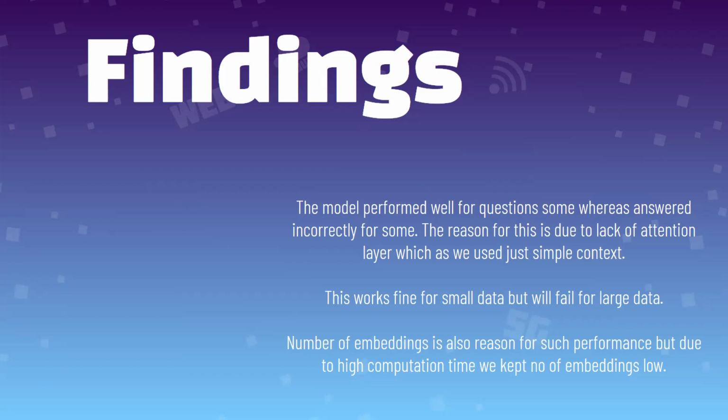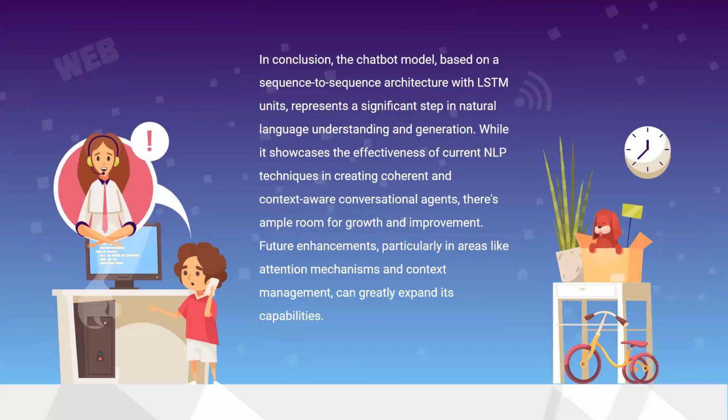The limited number of embeddings were taken to reduce the computation time. So in conclusion, we implemented a chatbot using a vanilla seq-to-seq model. For future enhancement, of course, we can add more LSTM layers and attention mechanism.